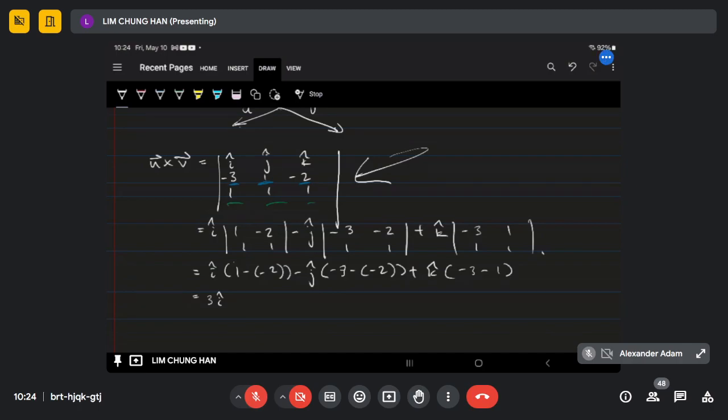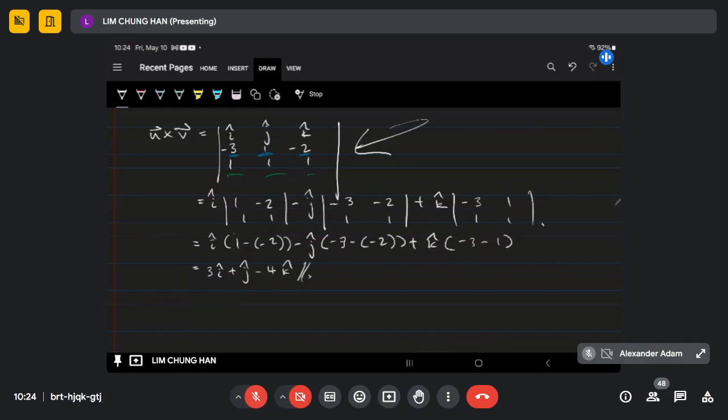So -3 plus 2 is -1, but you have a negative j in front. So negative becomes positive j. And finally, -4k. That's one of the answers, but it wants you to find both, both the orthogonal. So you have to do V cross U as well.